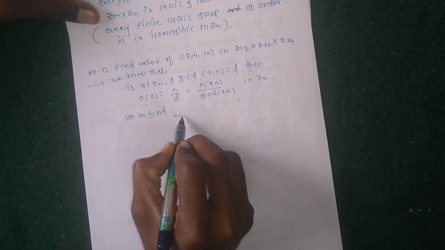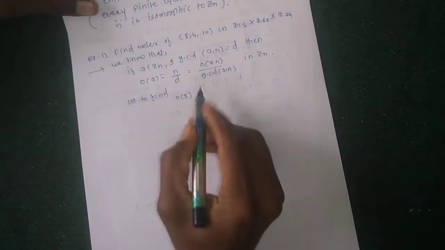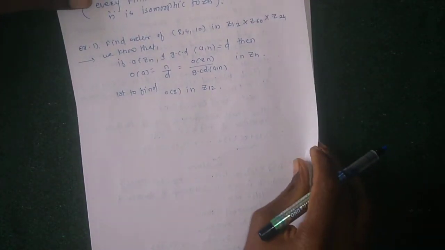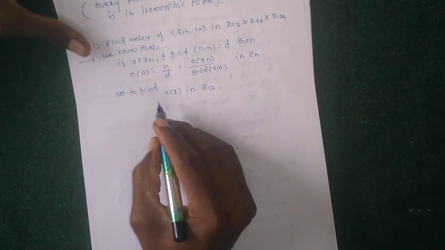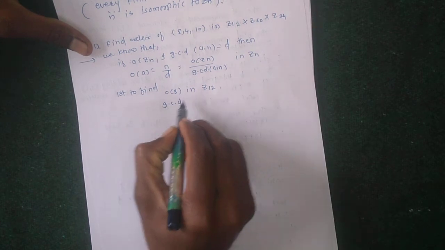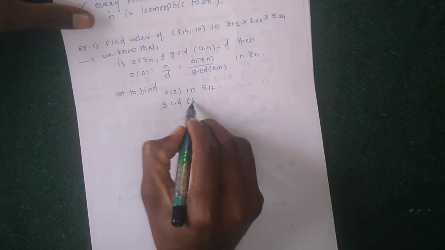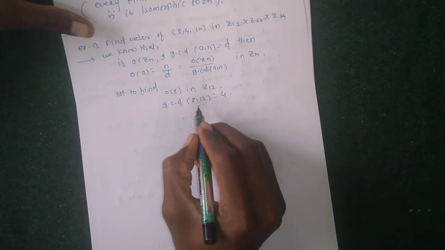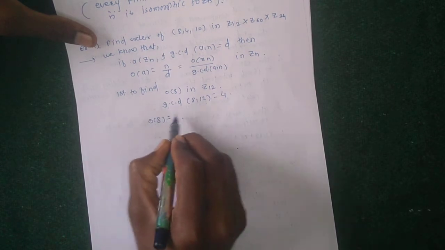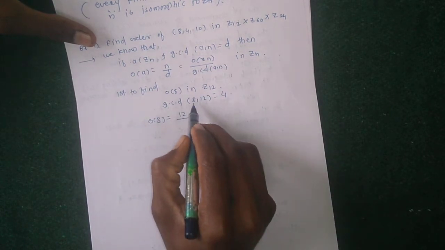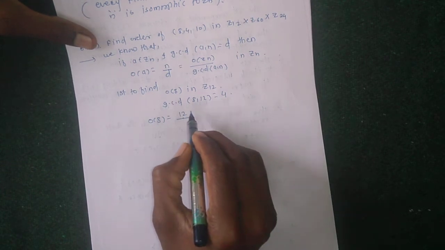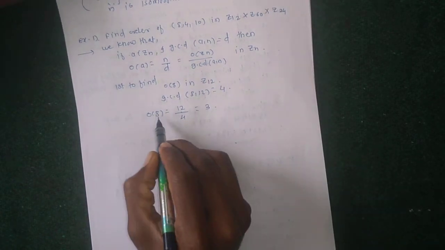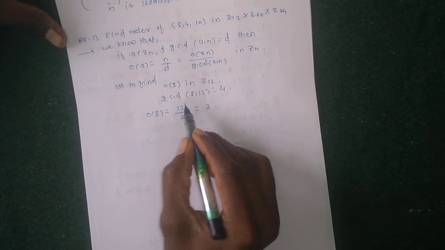So to find the order of 8 in Z12, using this result, GCD of 8 and 12 is 4. Therefore the order of 8 equals 12 divided by GCD of 8 and 12, which is 4, so the order of 8 is 3. Meaning 8 times 3 equals 24, and 24 is congruent to 0 modulo 12.